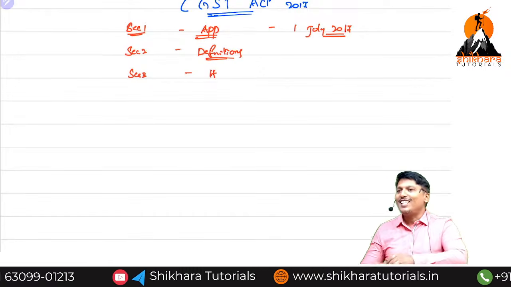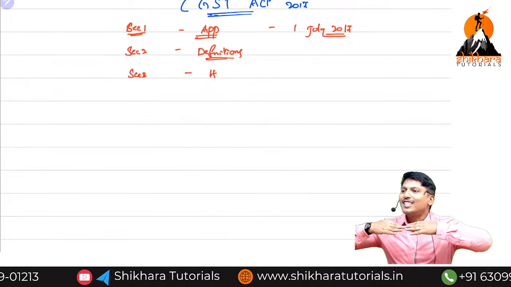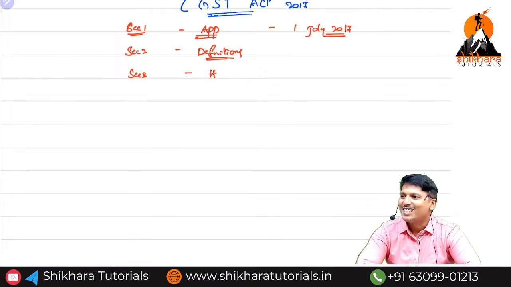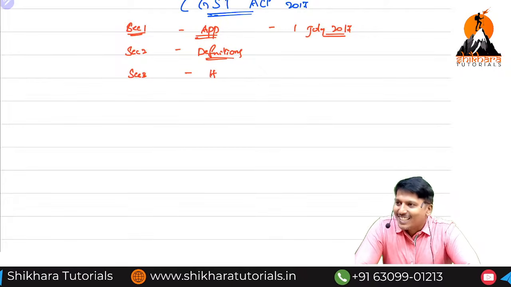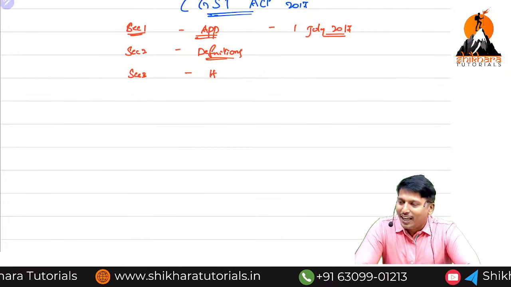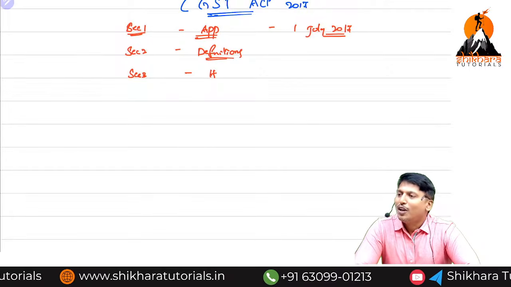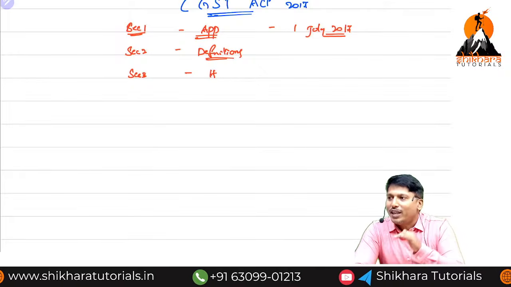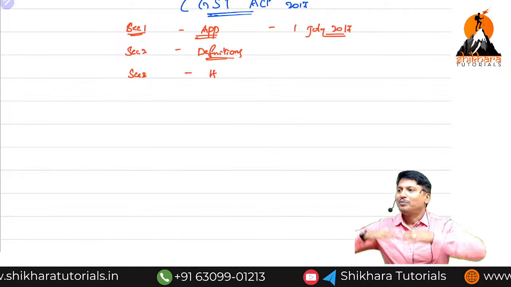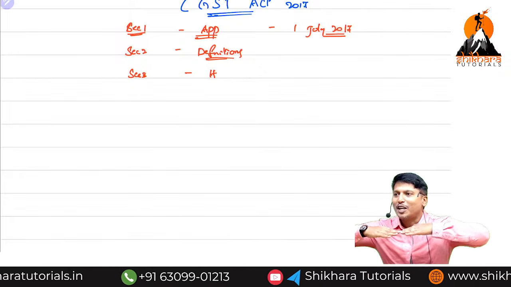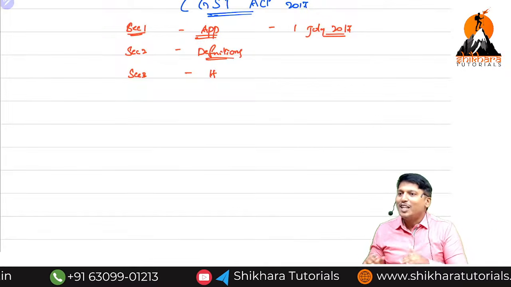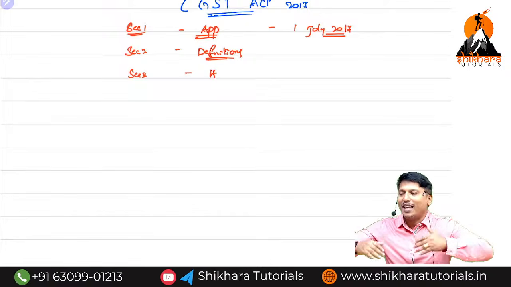But in GST, the assistant commissioner and deputy commissioner ranks are equal. Police is different: the ACP needs to report to the DCP, who is the higher authority in the police. But in GST, the assistant commissioner and deputy commissioner rank is the same.